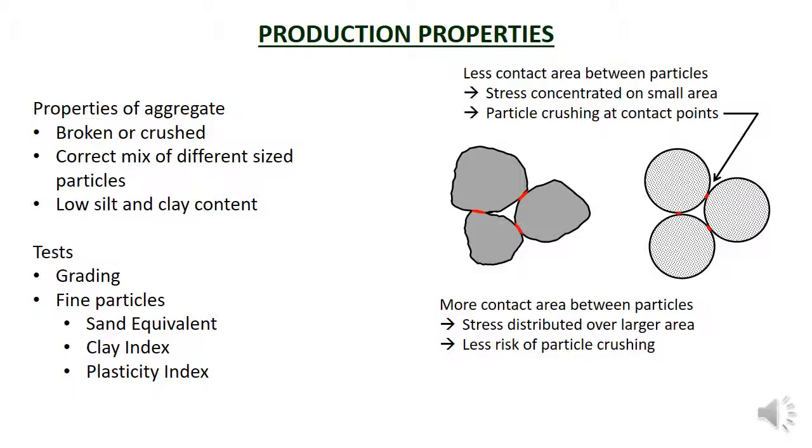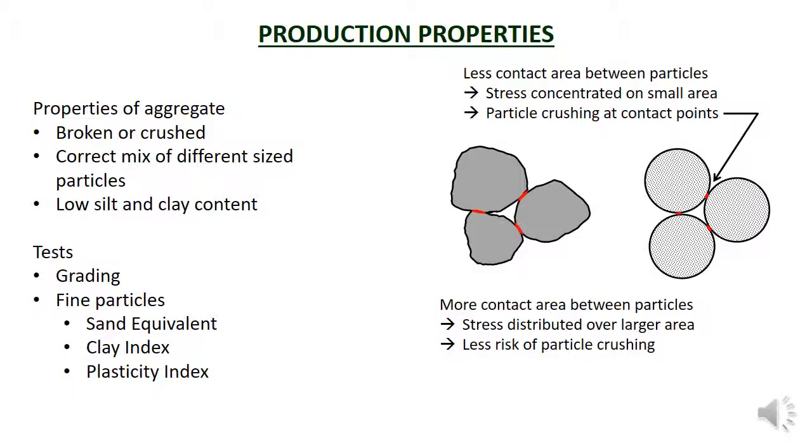Rounded particles have small contact areas, resulting in the load being concentrated and an increased risk of the particles crushing, as shown in the diagram to the right. Therefore, the specification requires aggregate particles to have angular faces.